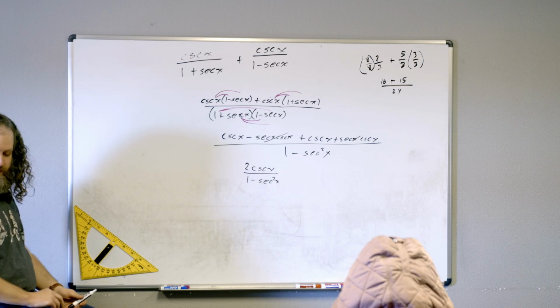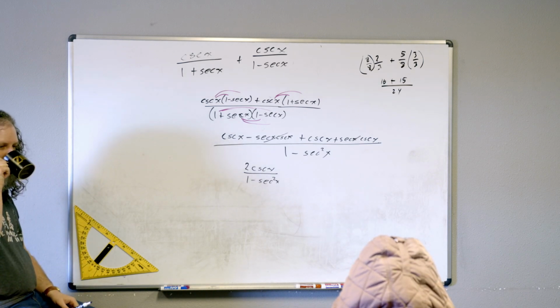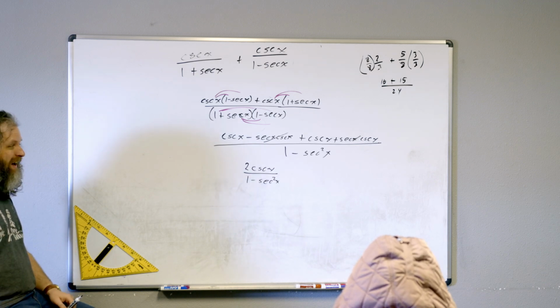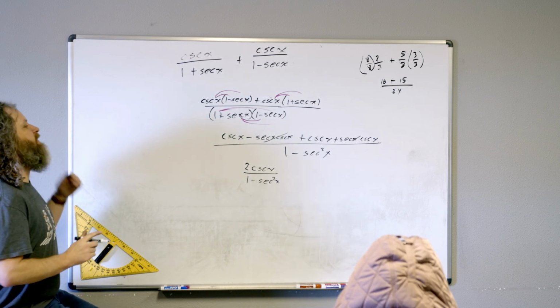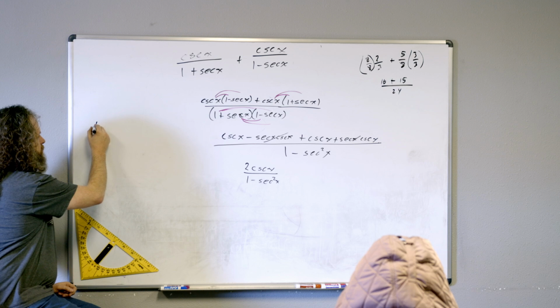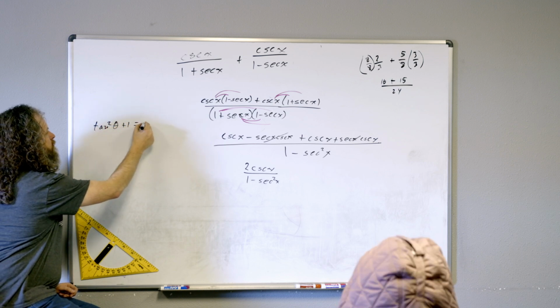No, not the odd-even one. It's squared. Where should you be looking? Pythagorean, but there's tangent in there as well. That's true, but it gets the addition out if we use it. So what does that identity say? Tangent squared theta plus 1 equals secant squared theta.